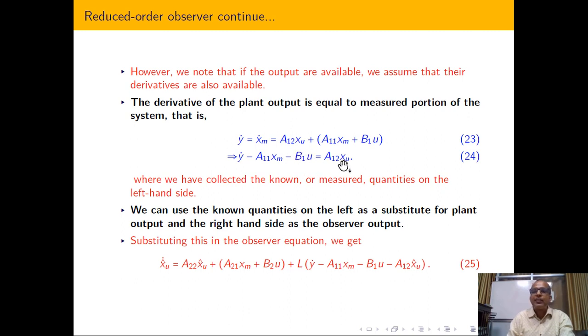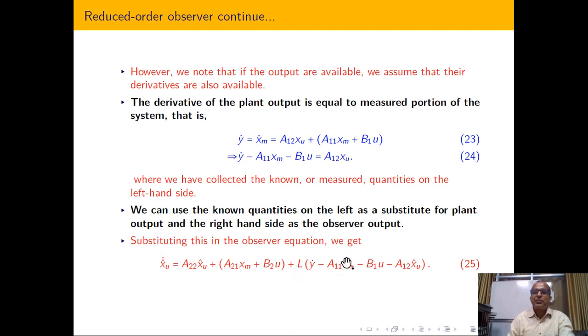Only this part is not measured to me, and due to that reason some error comes in this particular equation, so I am going to make the correction term in terms of this minus A22 xu, and if that is exactly equal, then this correction term becomes 0.